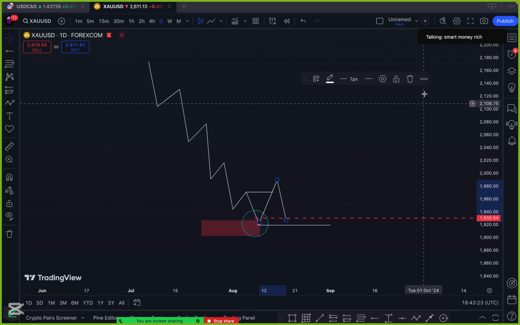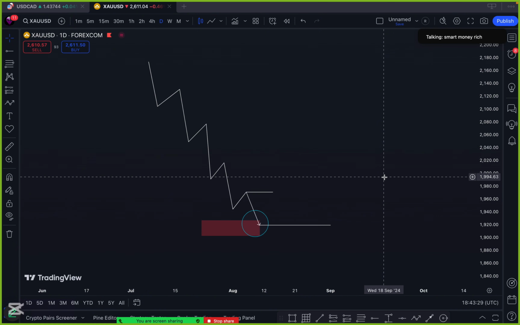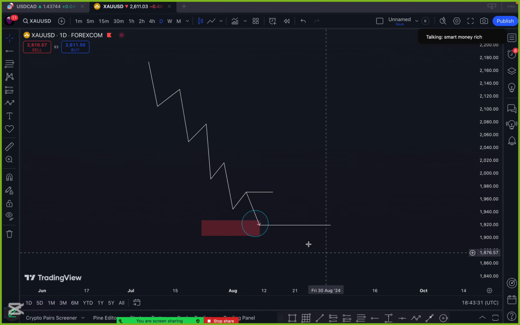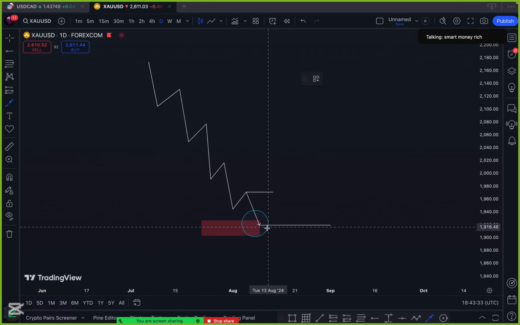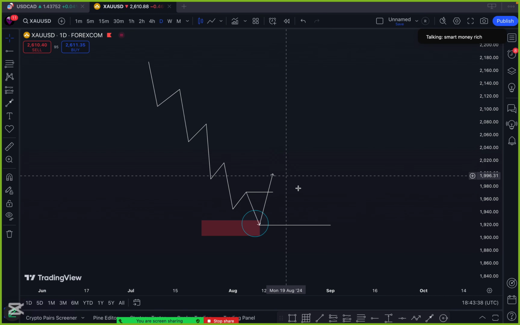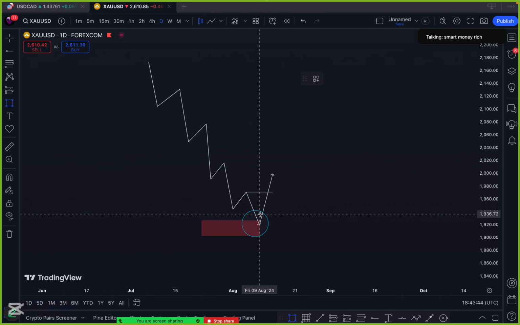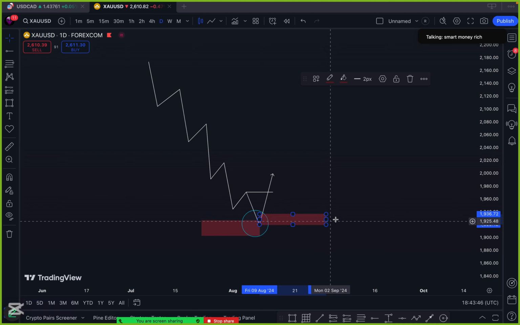You understand? So you know when we talked about market structure the other day, right? I said once the market impulses to the upside and gives us a change of character, then that impulse to the upside is going to leave behind an order block.